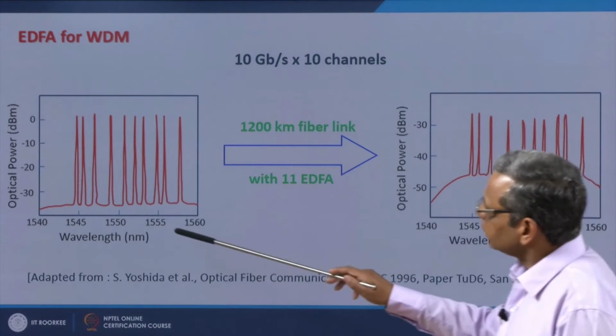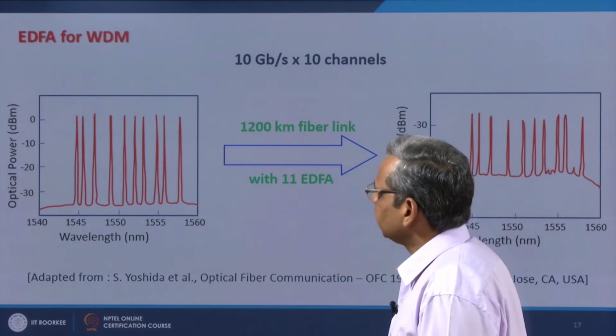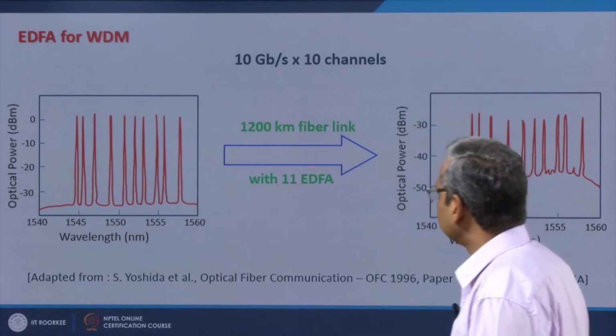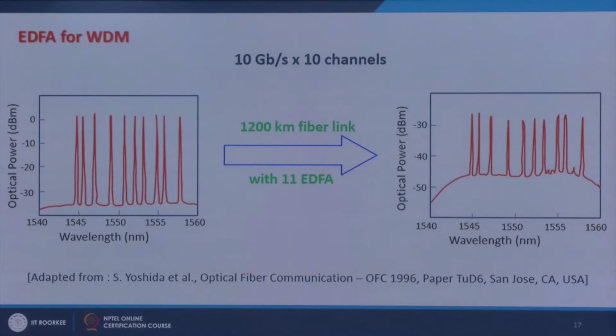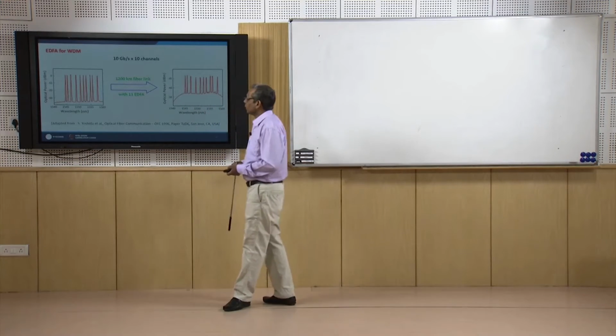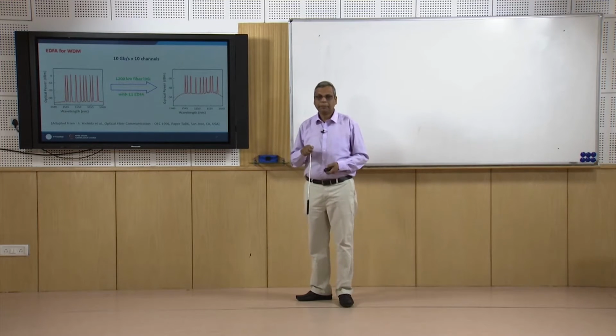This is the input spectrum of the signal, with 10 wavelength channels, and after 1200 kilometer of fiber using 11 EDFAs, this is the output. So you can see that using WDM you can multiply the capacity of the same fiber many folds.